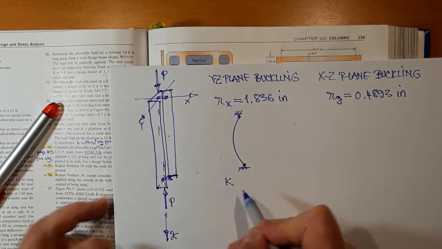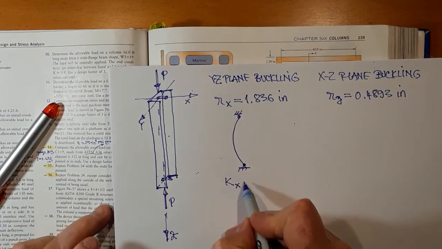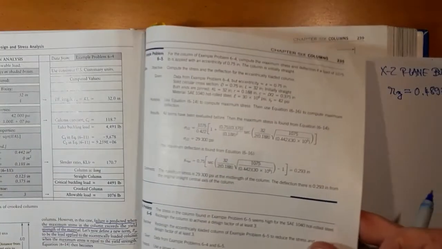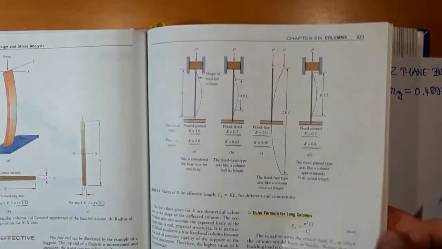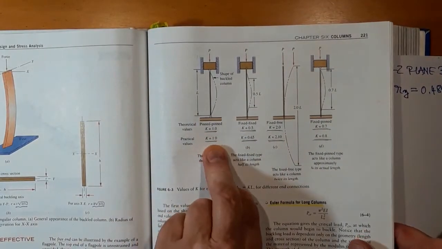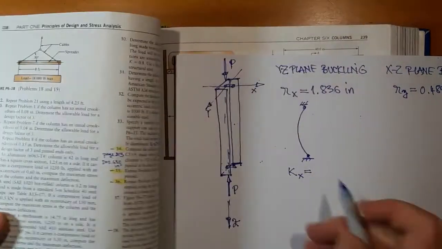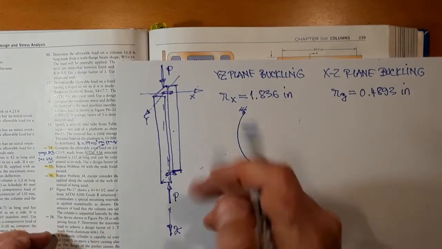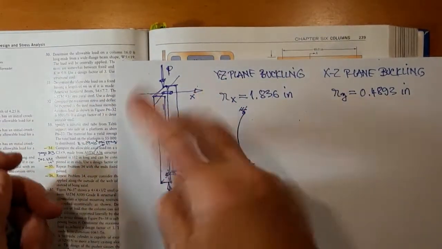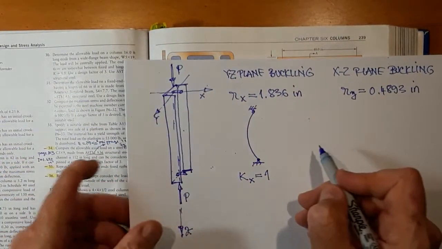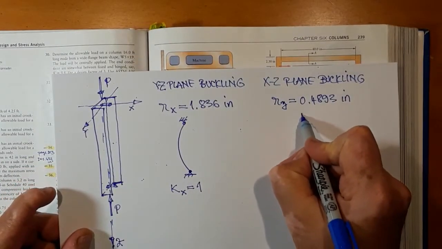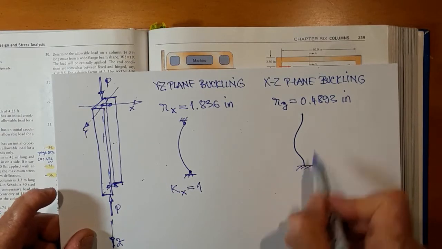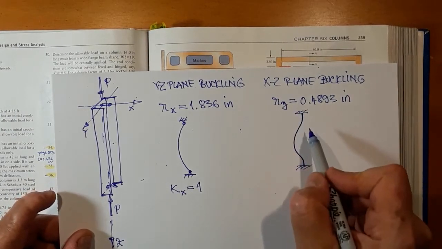Okay, coefficient, and we call it Kx. This is end fixity, like pin, and both theoretical. We're going to use practical values. It is going to be 1. So in the XZ plane, because I have the pin that I cannot twist, the buckling will happen like so, with no change of slope.